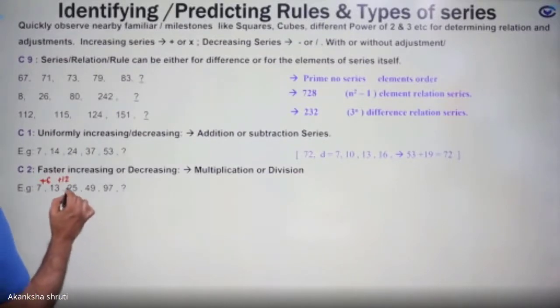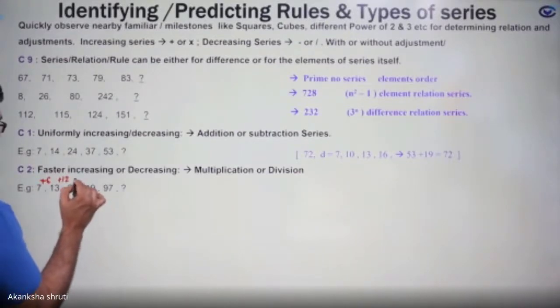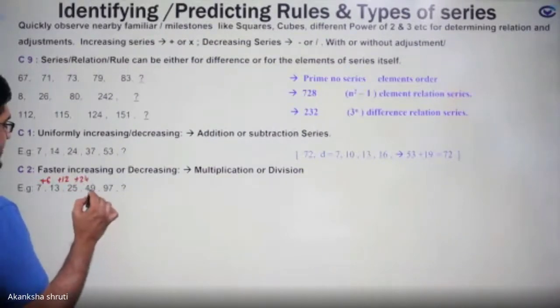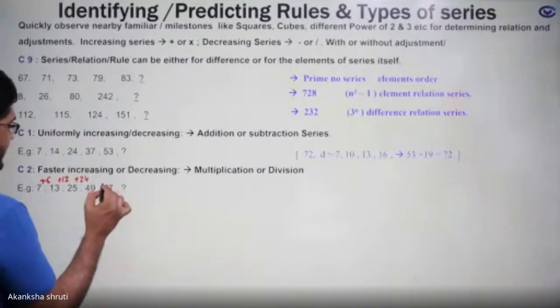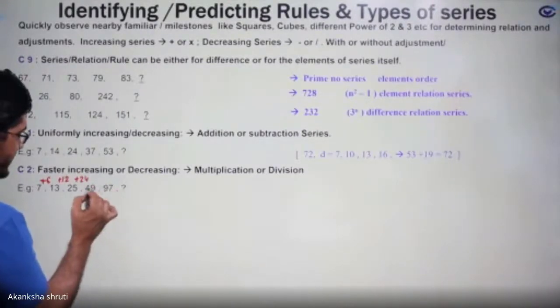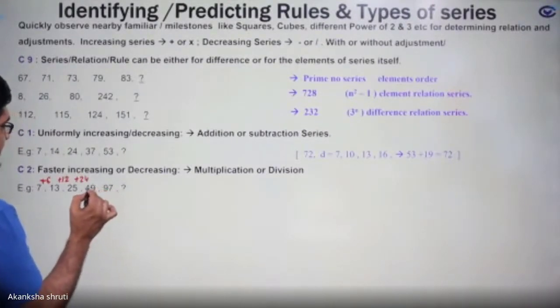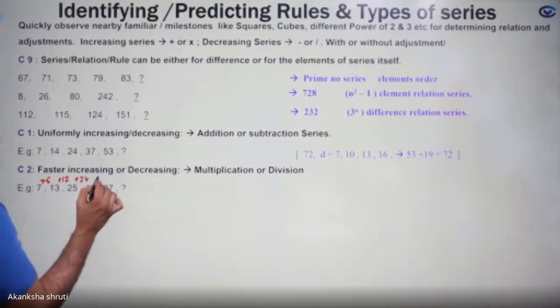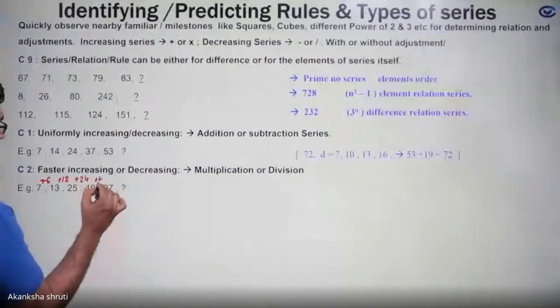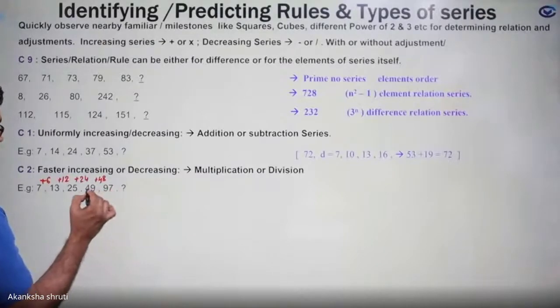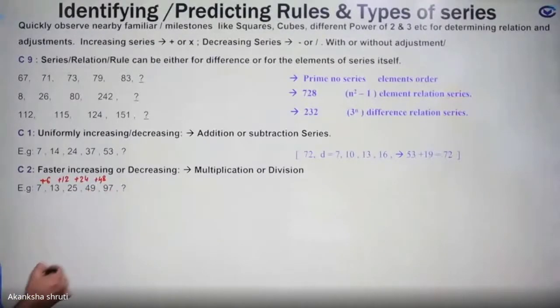Then 25 to 49, it is 24. Then going further, 97 minus 49, it is 48.